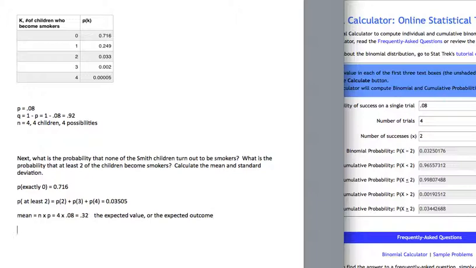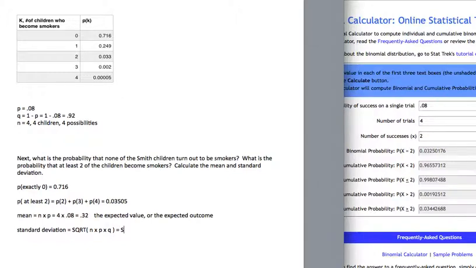The standard deviation can be found by taking the square root of n times p times q.